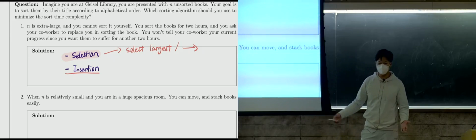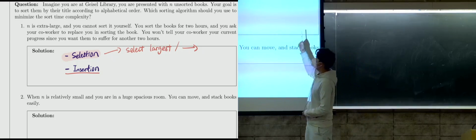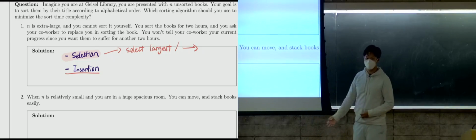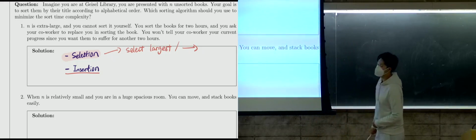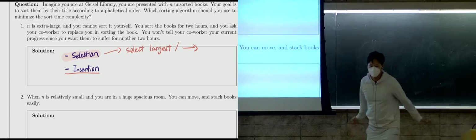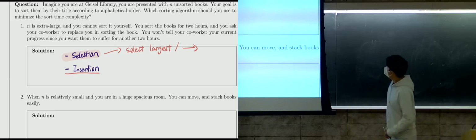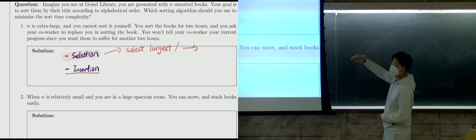It's a hard task. After you finish sorting 100 books, there are still 900 books that need to be sorted. But you are evil. You don't want to tell your coworker your progress, so you put everything back, even though it's sorted. What will happen if you use selection sort when the coworker comes?